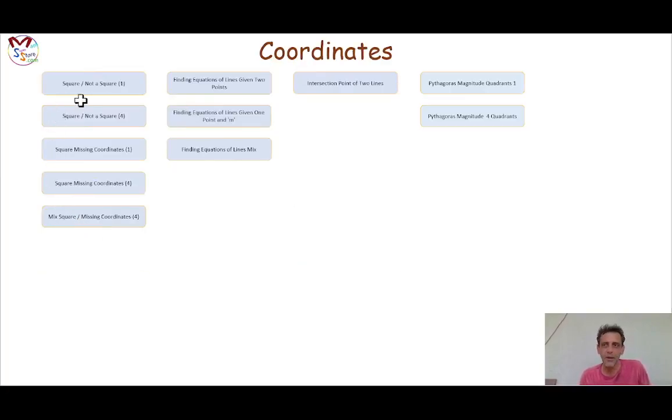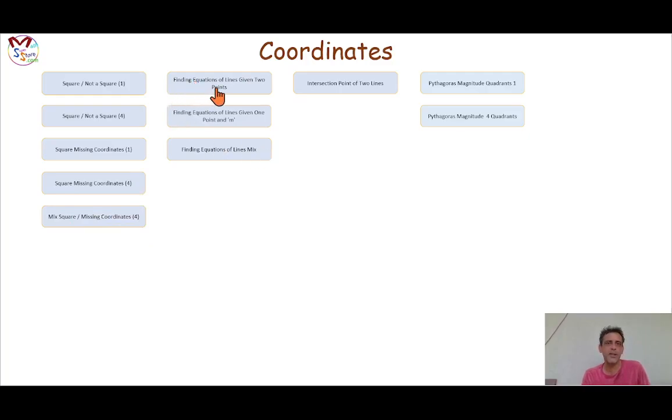Coordinates. These are your options for coordinates. We've got coordinates that make up a square. So is it a square or is it not in quadrant 1? Is it a square or not in quadrant 4? Square missing coordinates. So you're given 3 pairs of coordinates, and you have to get the missing coordinate in quadrant 1 or quadrant 4, and this is where you can mix them.